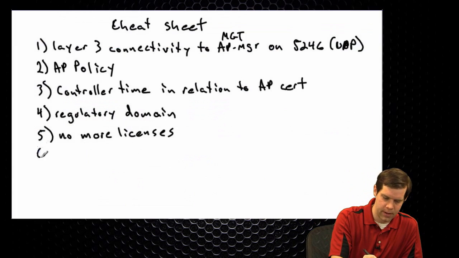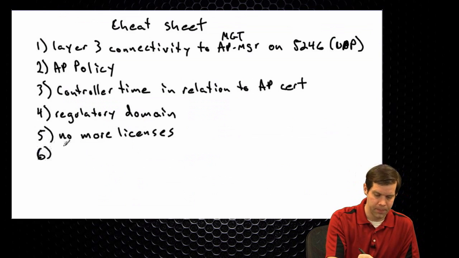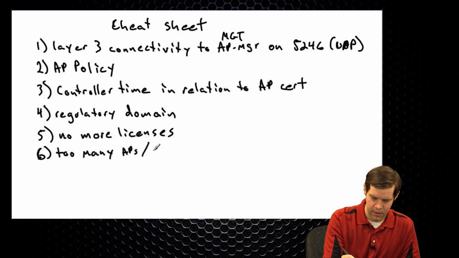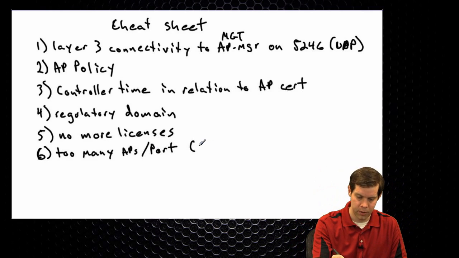One, I guess, lesser known one, if you're using older controllers like a 4400, you can actually run into this issue where you have too many APs per interface or port. I guess actually technically per port. On a 4400, the most APs you can have per port is actually 48.